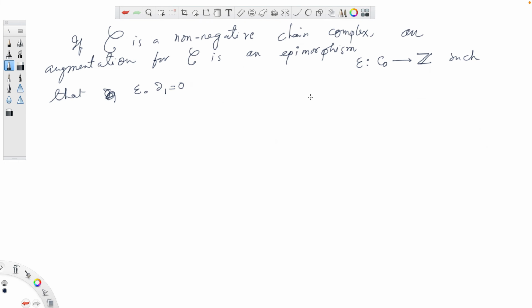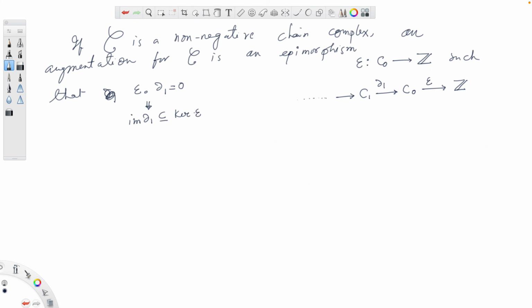Let me help you with this by drawing a diagram. We go from C_1 to C_0 via the boundary homomorphism del_1, and then from C_0 to Z via this epimorphism epsilon. We want epsilon composed with del_1 to be 0, which means the image of del_1 is contained in the kernel of epsilon.